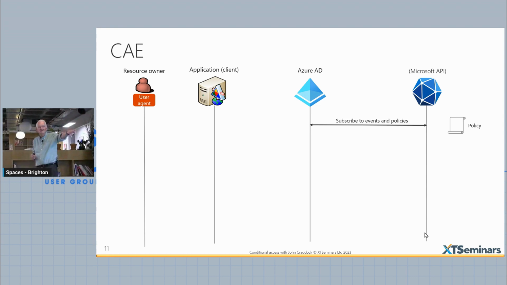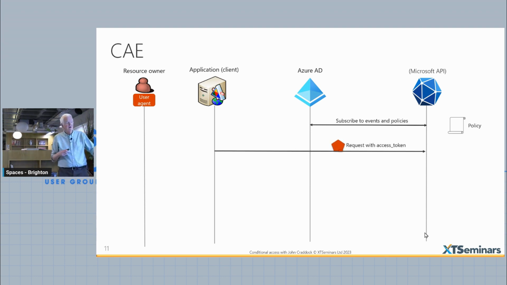But seeing as that is Azure AD, and that is a Microsoft API, Microsoft can implement the CAE behavior. And they're working with the group, so they're feeding back what they found and how they're doing things. So what happens now is we've subscribed, and we're going to be informed about significant events, right?